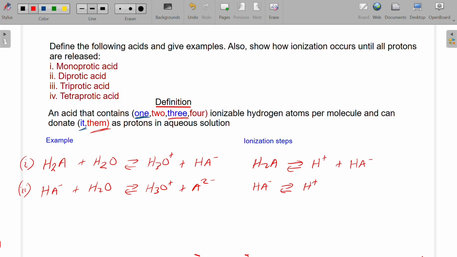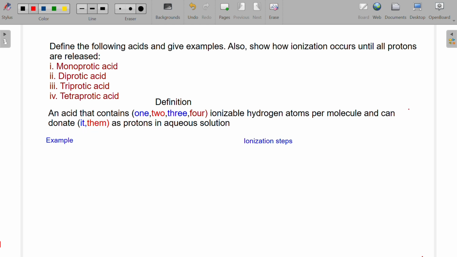You still produce the H plus, and what remains here now is just A2 minus. So that's how you can show the simple dissociation. So you can do the same to triprotic and tetraprotic. What you are going to be doing is you'll just be increasing the number of hydrogens here. So for tri, there will be 3. For tetra, there will be 4.